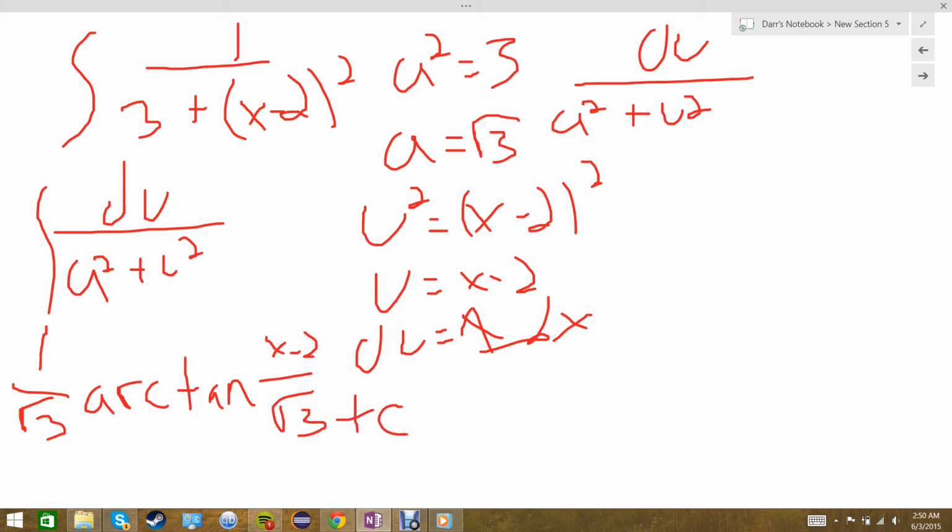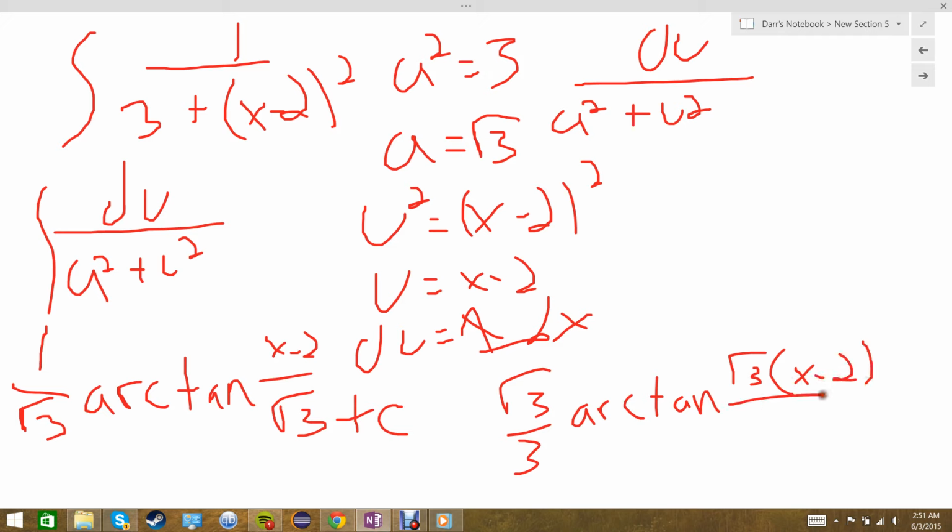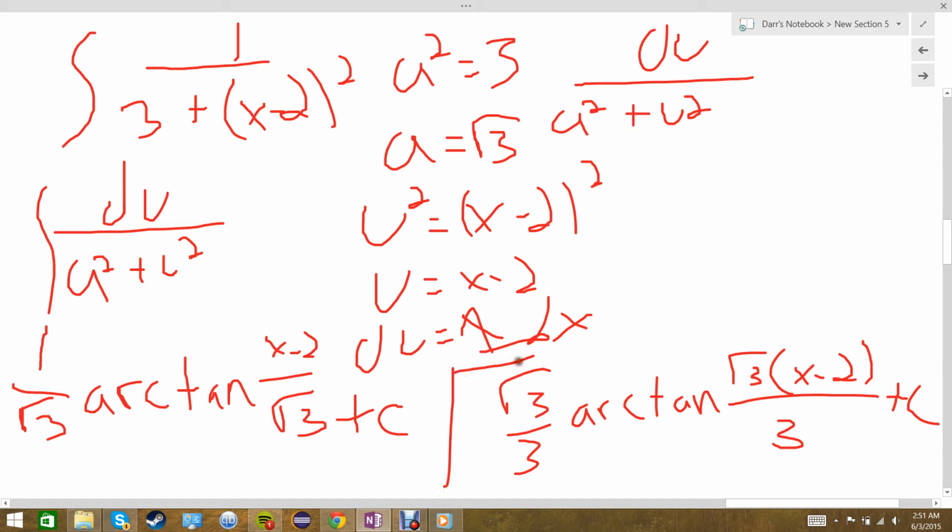But then we have to rationalize all of this. So 1 over rad 3 becomes rad 3 over 3, because you multiply top and bottom by rad 3, arc tangent, rad 3 times x minus 2, because you're rationalizing again, over 3 plus c. So this is your final answer.